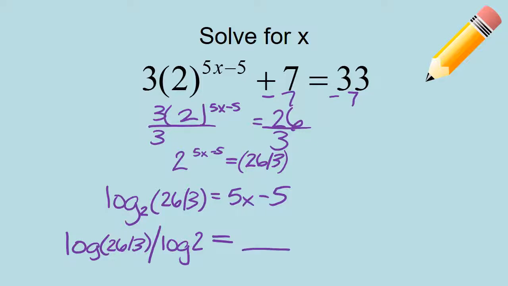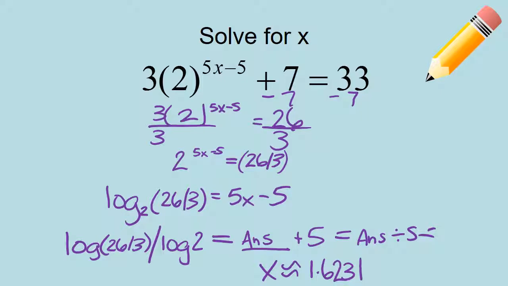Because whatever that answer is, I'm now going to add 5 equals. Take that answer and you're going to divide by 5 equals. So we should end up with x is approximately 1.6231. So notice how I kept reusing what was already in my calculator. So please be very careful with these types of problems.